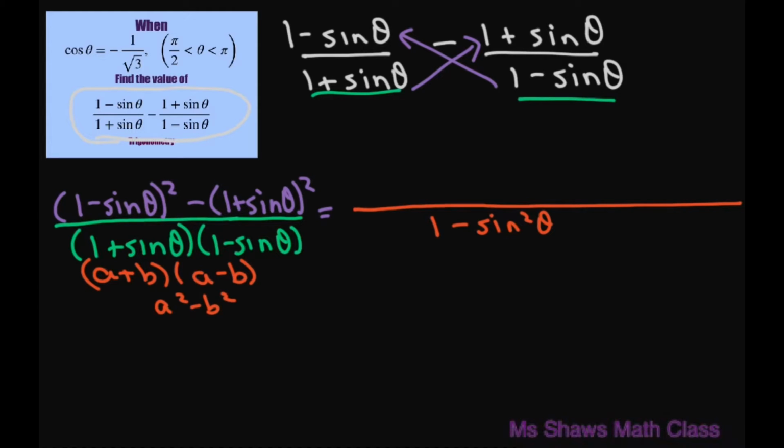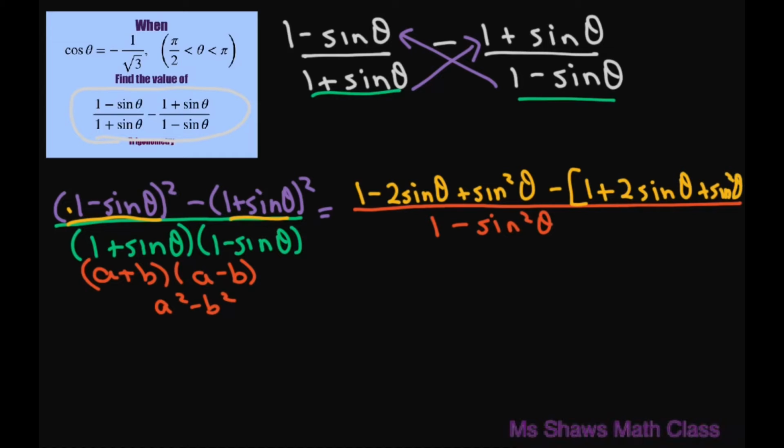Now the numerator, let's figure out what that is. So for this piece here, this is going to be 1 minus 2 sine of theta plus sine squared of theta minus, and then for this piece is the same thing, but everything's plus, 1 plus 2 sine of theta plus sine squared of theta.